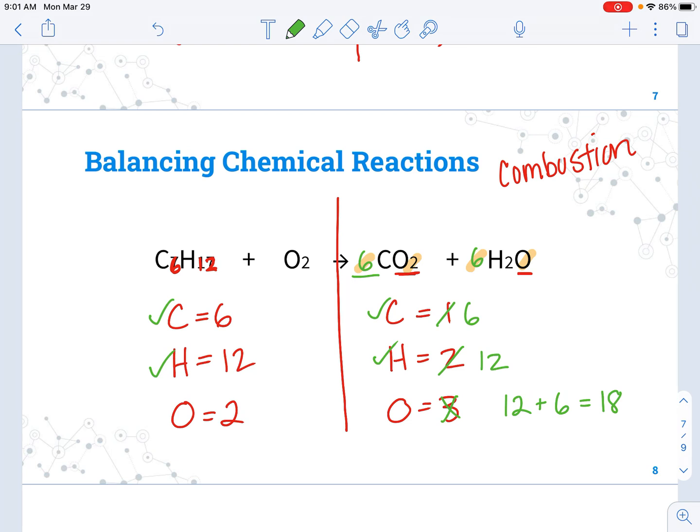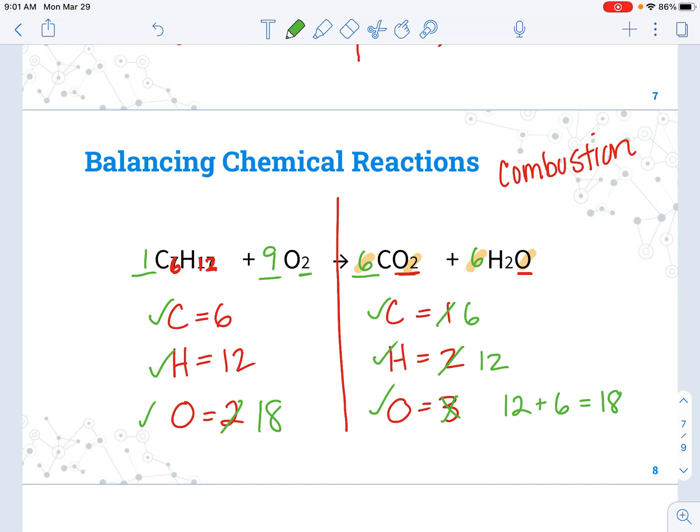All right, well, if I go over here, there's a 2, so I'm going to have to put a coefficient. So what times 2 gets me 18? I'm going to take 18 divided by 2, and I get 9 here. Okay, so 1, 9, 6, 6 is going to get me balanced. That's going to get me 18, and now my oxygen is balanced.